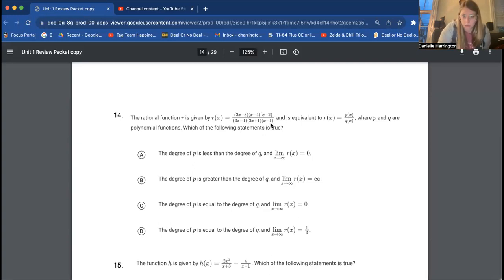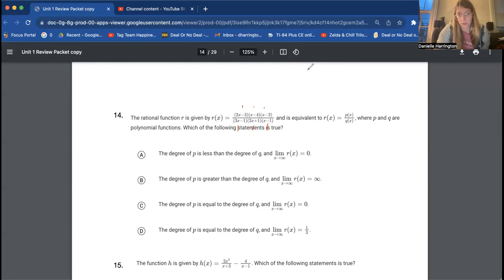So which is true? Is the degree of p of x, the top numerator, less than the degree of the denominator? Well, I have 1, 2, 3 x's up top. 1, 2, 3. And I have 1, 2, 3 x's in the denominator.